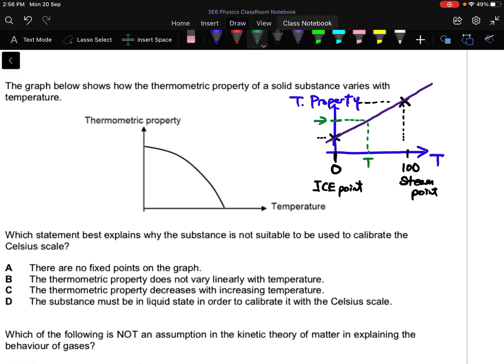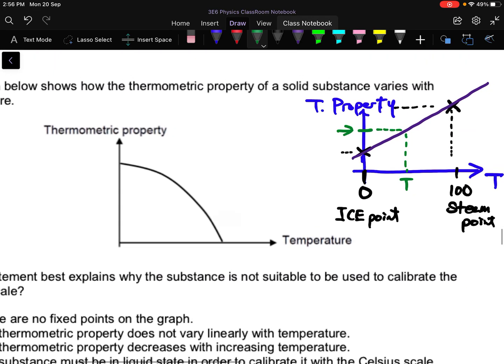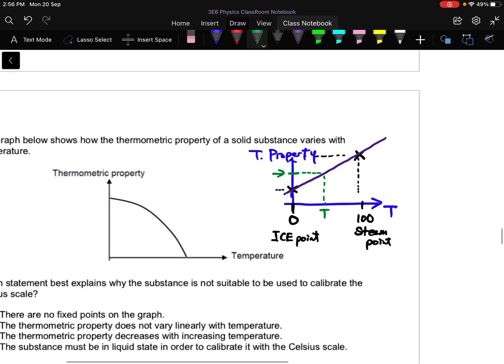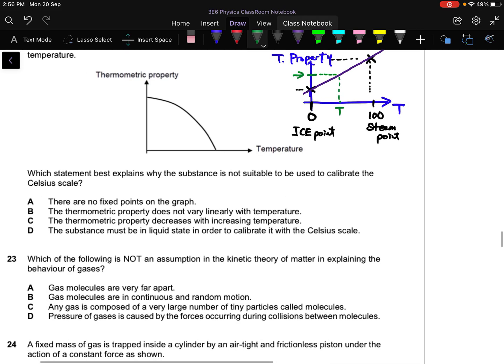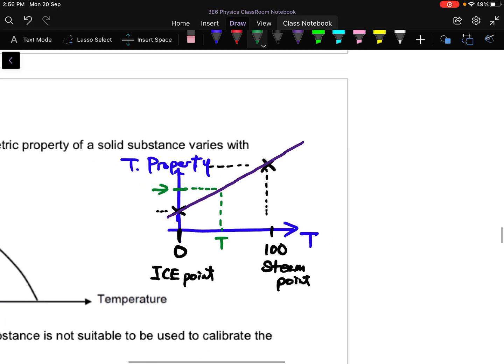So that is how a temperature scale is calibrated. Just one quick look between this and this, you can see that this one is a curve, meaning that you won't have a pattern like that. So why is this not suitable? If you look at this graph, you can see that every 10 degrees Celsius increase, you are going to observe the same amount of change.